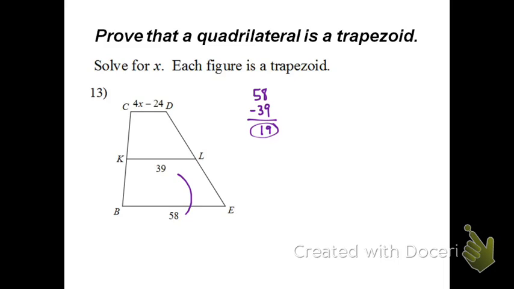So then if I take 19 and subtract 19 from this other side, 39 minus 19, what do we have here? 20. So we can take 4x minus 24. At least if you want to try that approach, that might be what I do. 4x minus 24 is equal to 20.